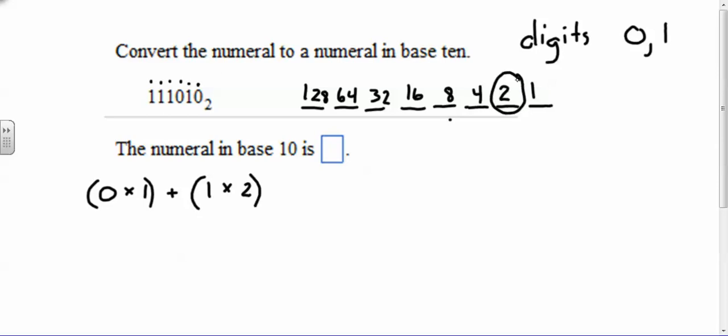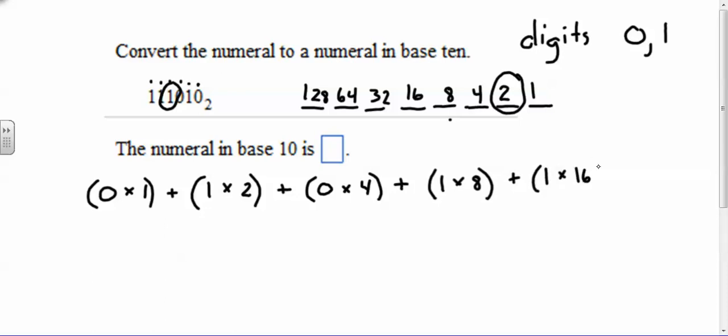There's a 1 that's in the place value of 2, so it's 1 times 2, plus 0 times 2 squared, which is 4, plus 1 times the position value of 8, plus 1 times the position value of 16, plus the last one is in the 32 place value.